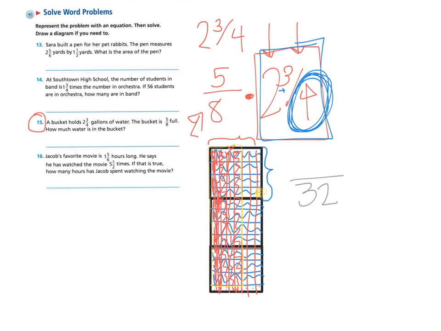And if I look at the overlap here, I have 5 times, so I have the 5 right here, 1, 2, 3, 4, 5 that we shaded in, times 11, which is 55.